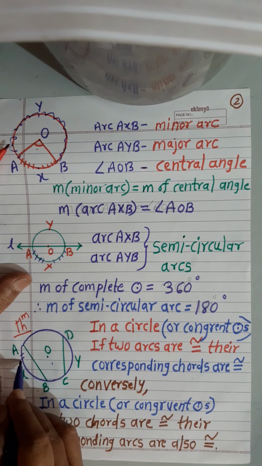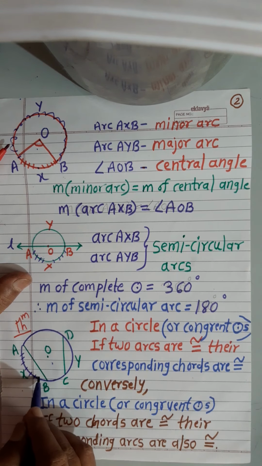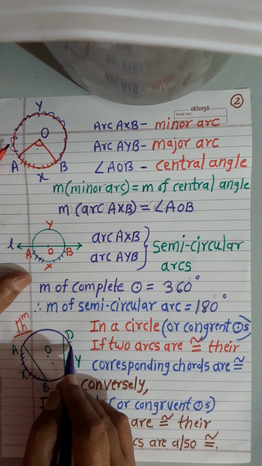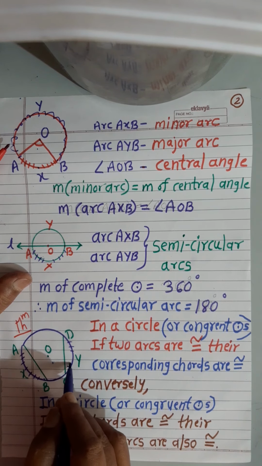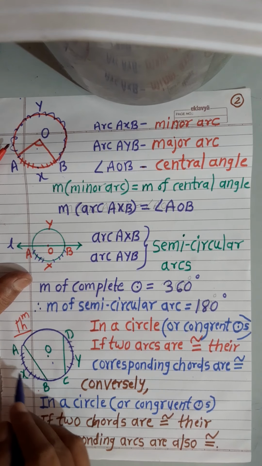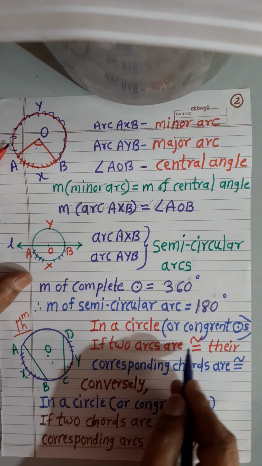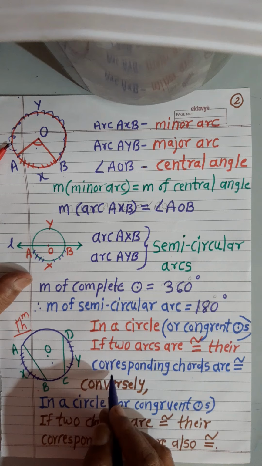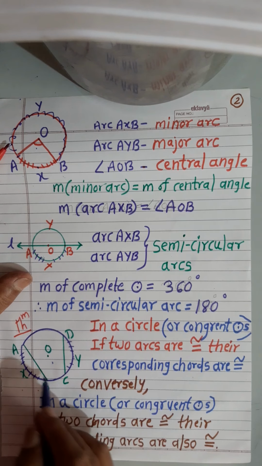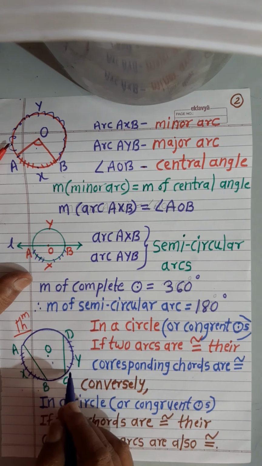In a circle, if two arcs are congruent, say arc AXB is congruent to arc CYD, their corresponding chords are also congruent.